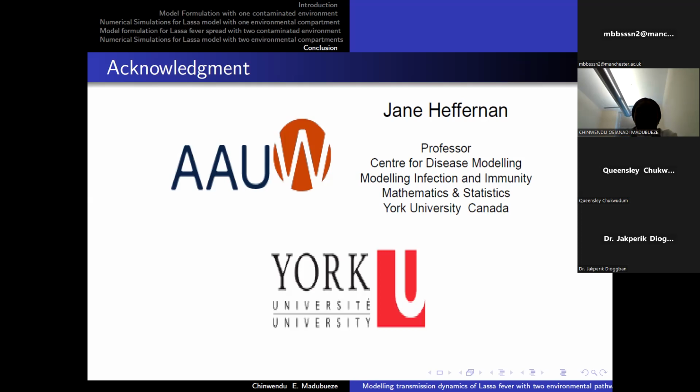Climate change plays a major role in the transmission of Lassa. But what we are considering first is the environment that contributes more. Then we can look at climate change, because there is already work out there on climate change impact on Lassa. But those works considered only the human population and the rodent population.